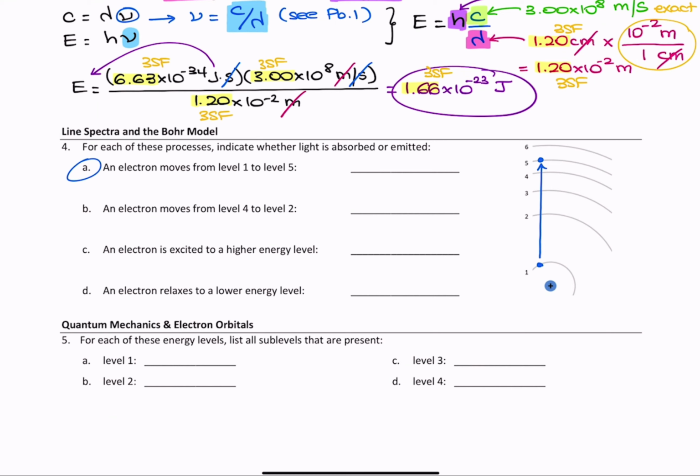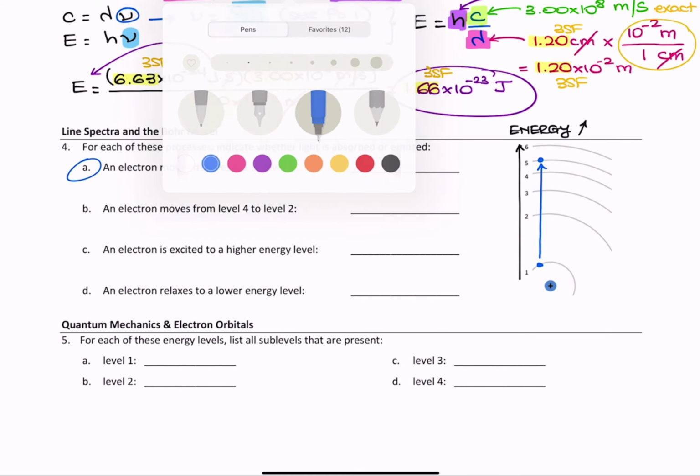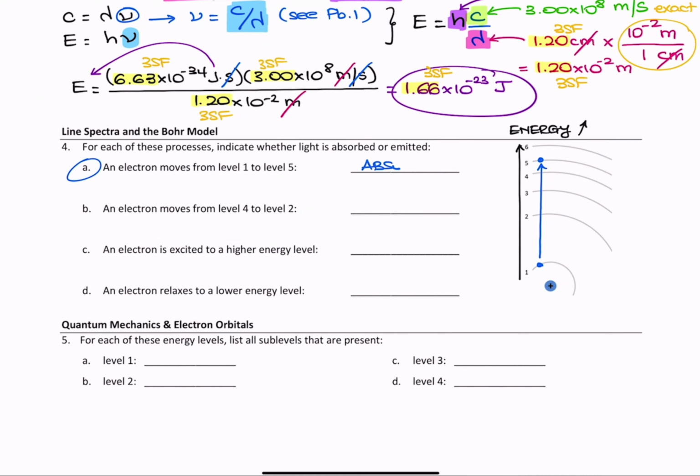Just remember that around the nucleus, these levels of energy increase. So when I go from the center of the atom to the outside, this represents an increase in energy. So to go from 1 to 5, I need to go to a higher level of energy. Therefore, the energy must be absorbed.